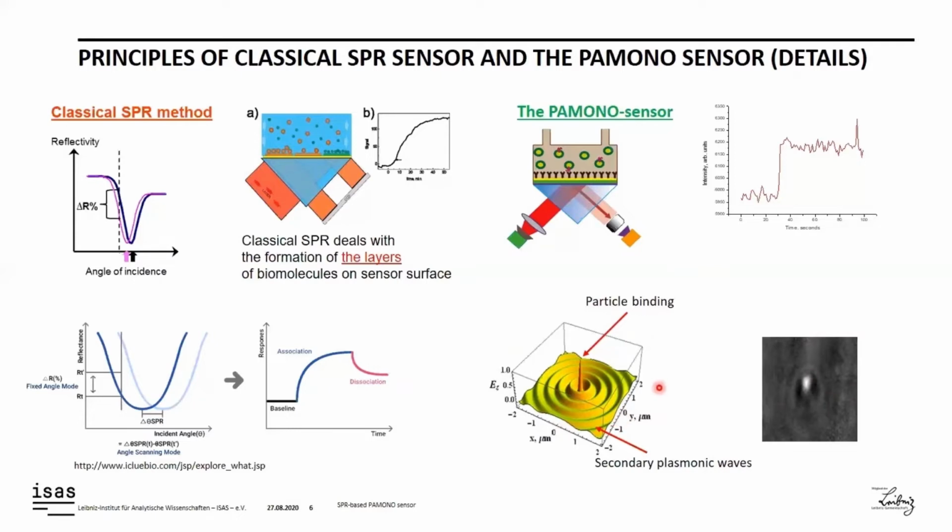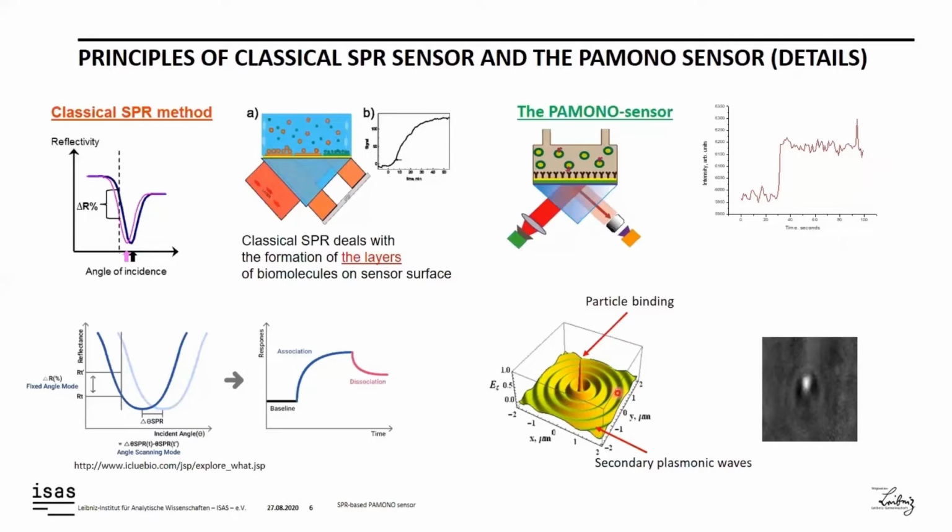When a particle binds to the sensor surface, such binding causes secondary plasmonic waves, and in spite of the particle by itself causing just a very small distortion in the main plasmon wave, the secondary plasmonic waves, which expand in the metal film, have micrometer scaling.